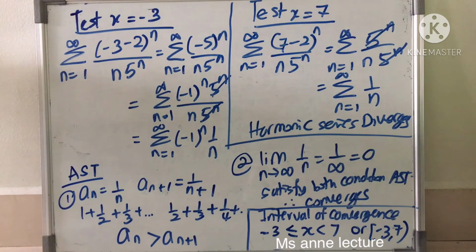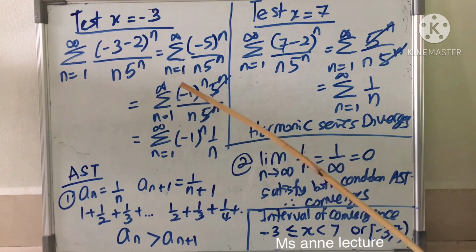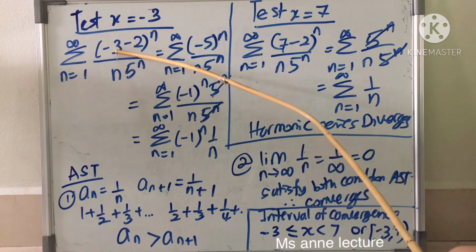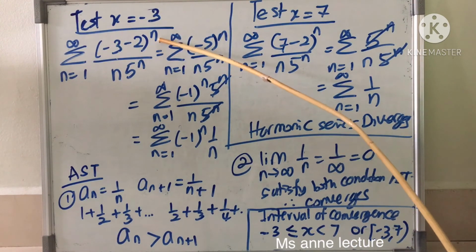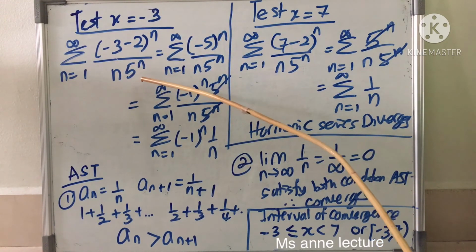After we have identified the interval of convergence, we have to test the endpoints one by one. Substitute the value x equal to negative 3 into the original series: (negative 3 minus 2) to the power of n over n multiplied by 5 to the power of n.